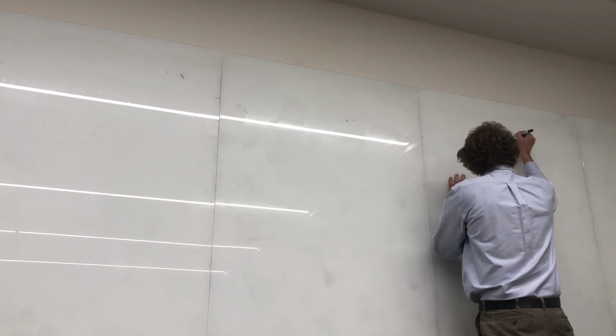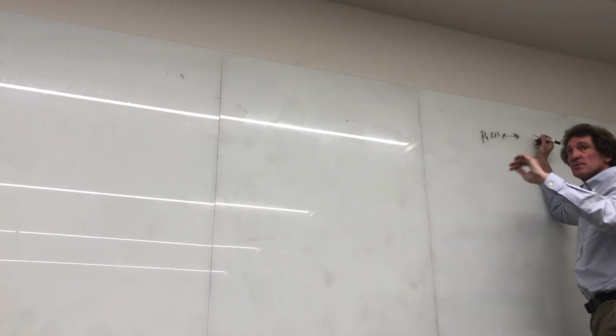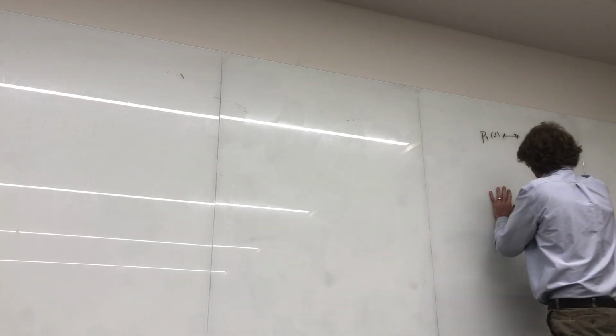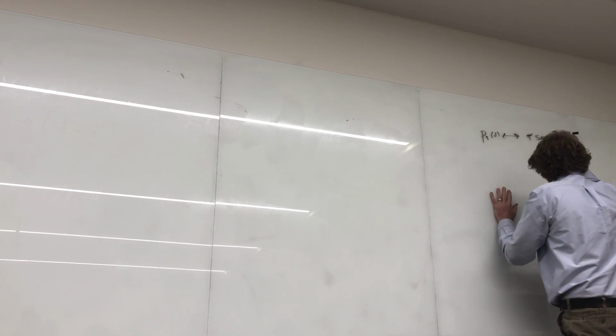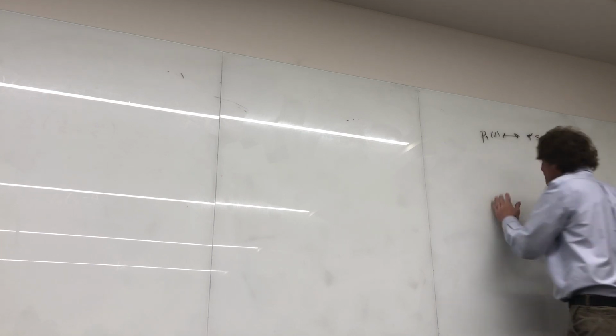The pulse p of tau of t, how many know this? Fourier transforms to, anyone? Tau. Tau, the weight tau, right? Times the sinc of omega tau over 2. Agreed? I have to know that functional transform pair. Now we use duality.